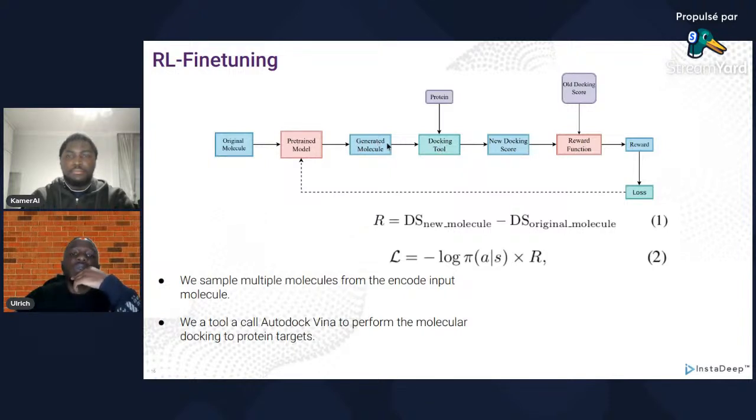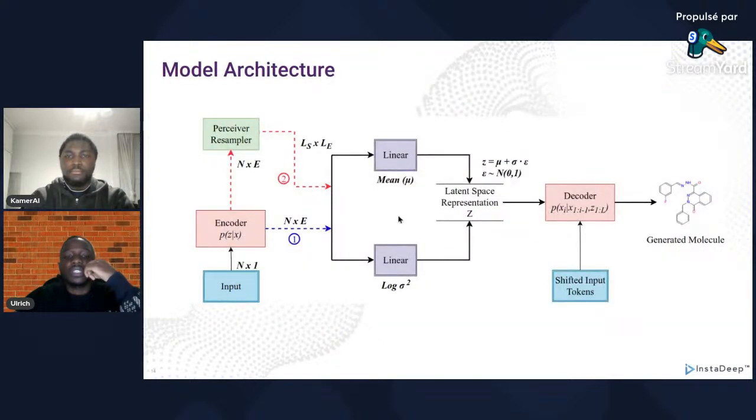So for now, we only fine-tune these layers, the mean and the log variance layers, in the first case as an experiment. The idea was to input some molecule and see if by fine-tuning these layers, we can output another molecule that has better docking scores than the input molecule. That's what we did for this proof of concept.